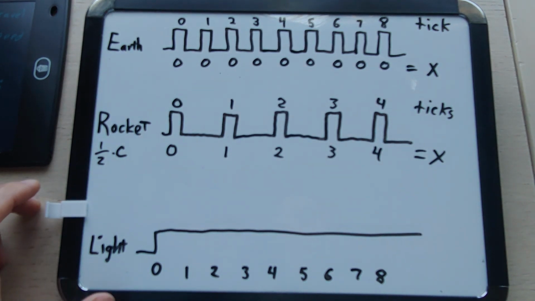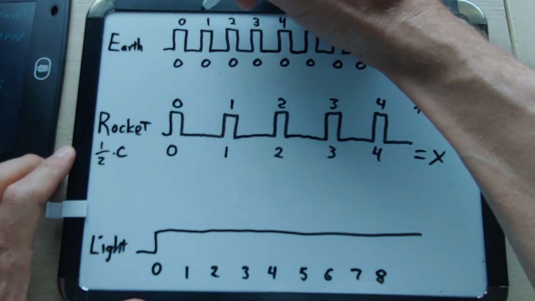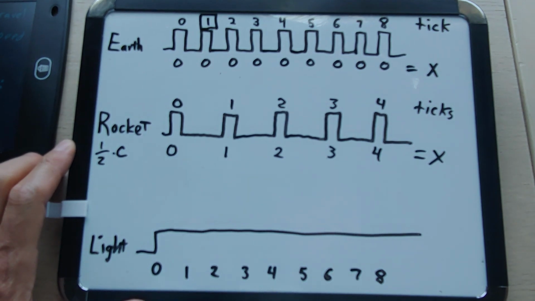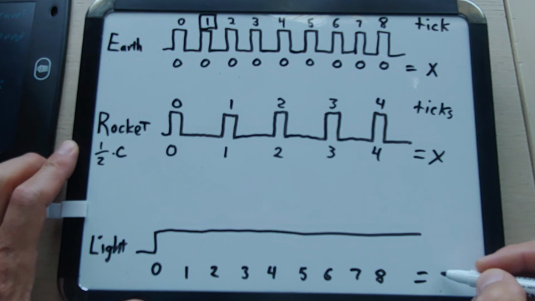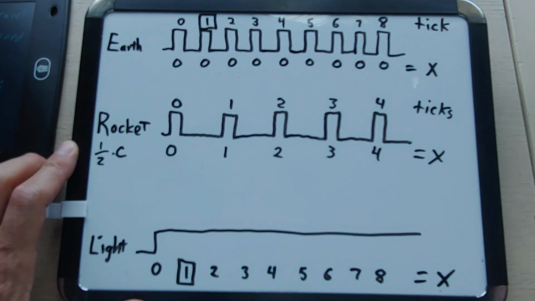So notice at tick time 1 on the Earth, where is the light? The light is at X position 1. Okay.